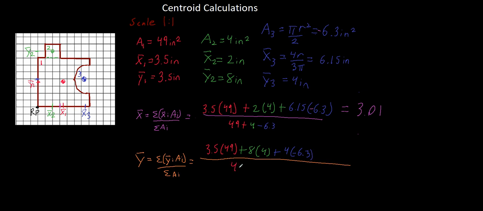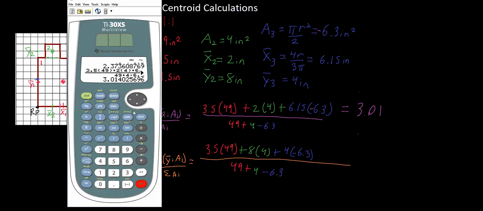And then on bottom, we're just going to plug in the same numbers as before. It's just 49 plus 4 and then minus 6.3. And then let's just plug that into our calculator real quick. So we'll start a new one, numerator over denominator.